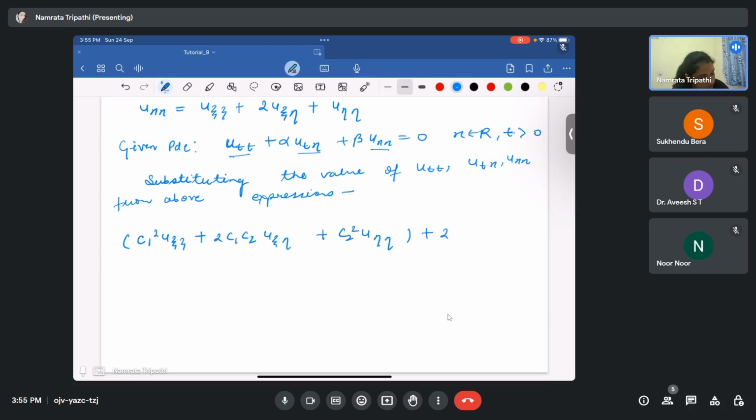What is the value of utx, or uxt? Both are the same. Alpha, what is the value of alpha? Minus c1 plus c2. Fine. And utx is c1. Wait.